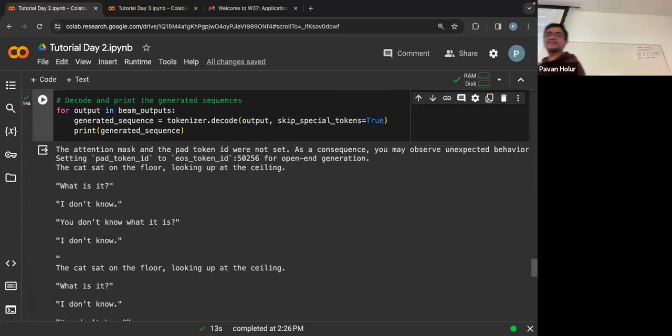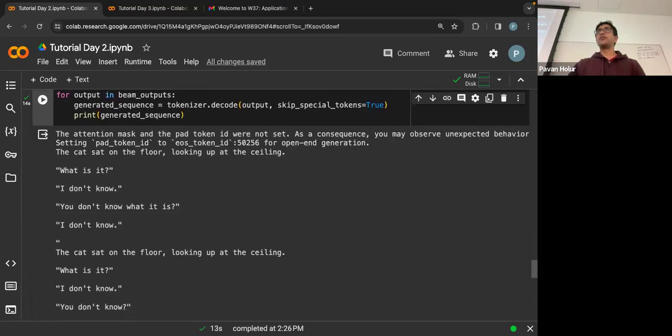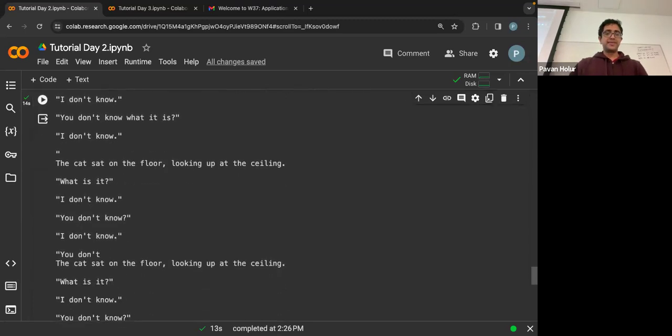We get the cat sat on the floor looking up at the ceiling, and then it just goes on rambling, right? We don't know what it is. Language is hard. And even a 1.5 gigs model is only that good, right?